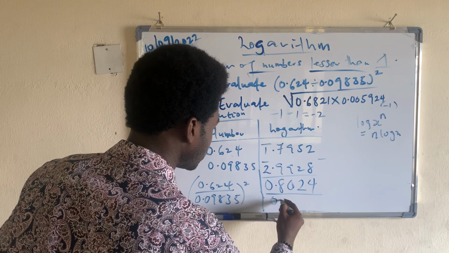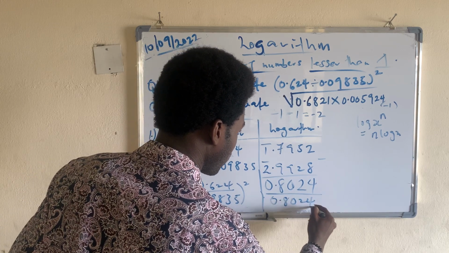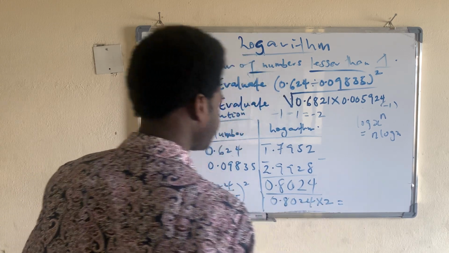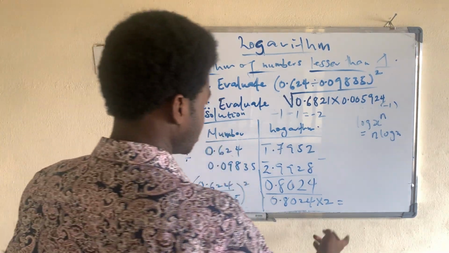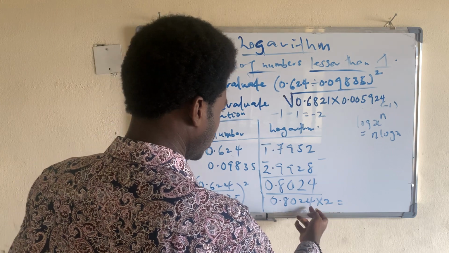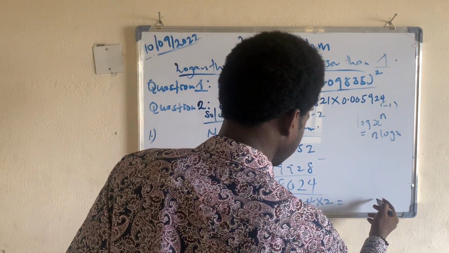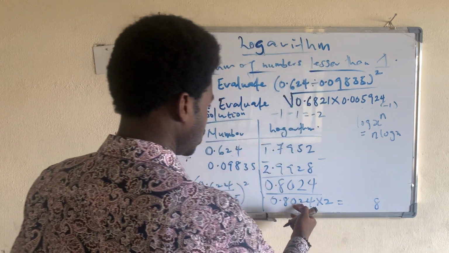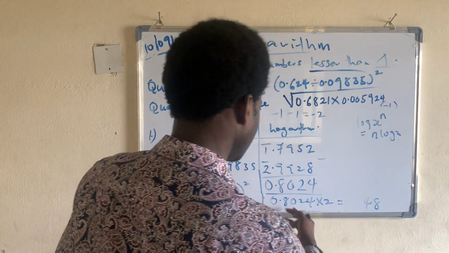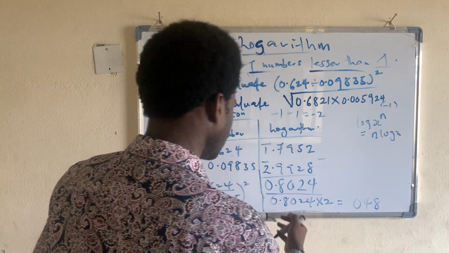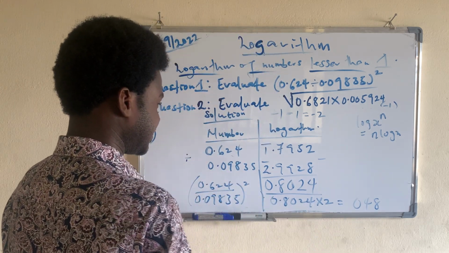So that means 0.8024 multiplied by 2. So we multiply this number. 2 by 4 is 8. 2 by 2 is 4. 2 by 0 is 0. 2 by 8 is 16.